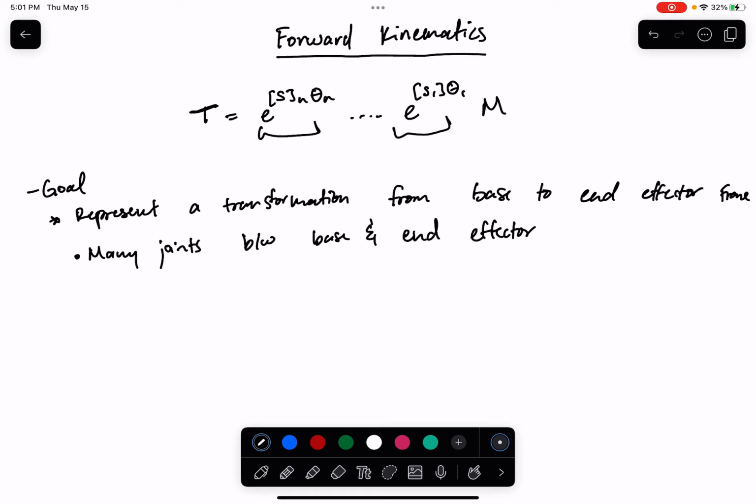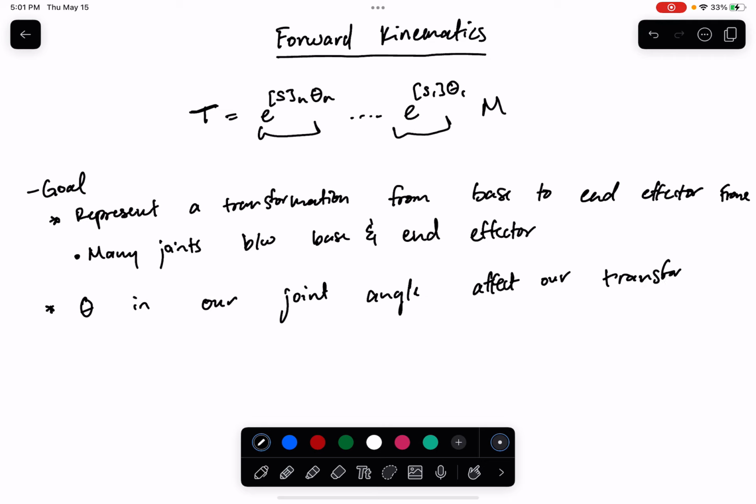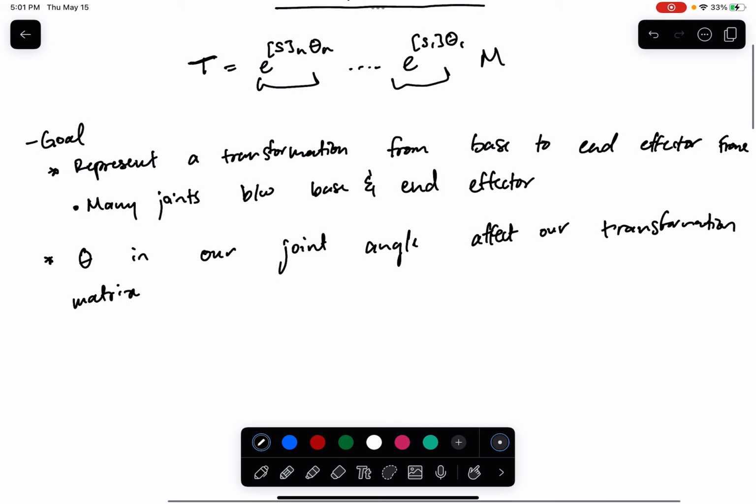So what we do with forward kinematics is ask how does a theta degree shift in our joint angle affect our transformation matrix. So let's dig a little deeper into that.